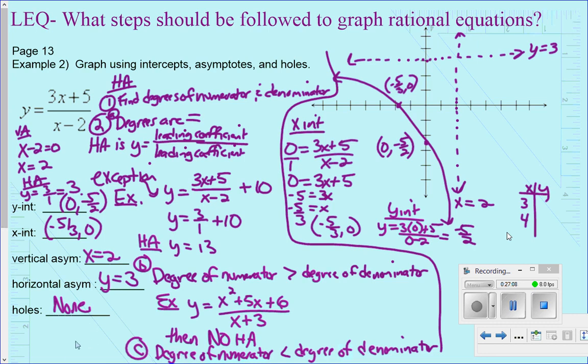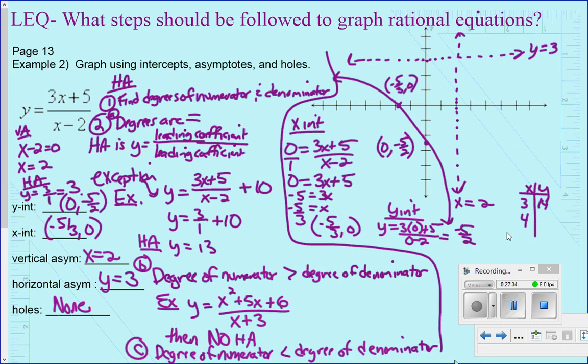If I had a simplified equation, that's where I would substitute it, but I didn't simplify this. So 3 minus 2, that gives us a nice denominator, that's 1. So 3 times 3 is 9 plus 5 is 14. 14 over 1 is 14. I'm going to do my best, since this goes off my graph a little bit, to put this at about what 3, 14 looks like. So 3 and then 14, I'm just going to put it up real high.